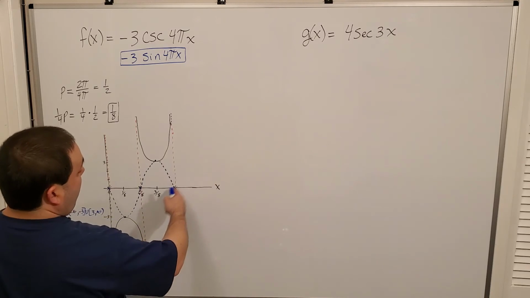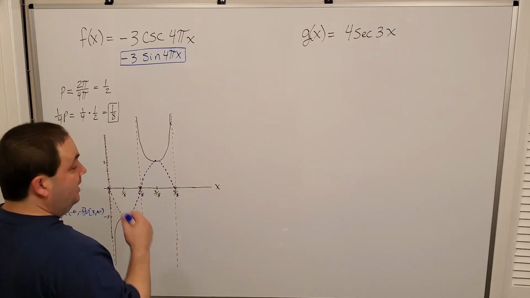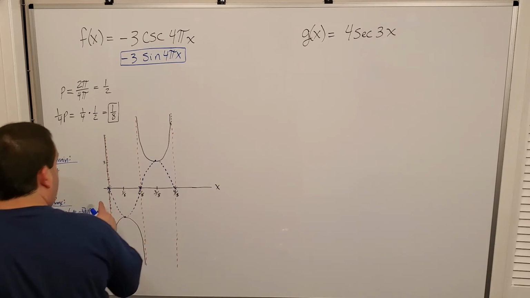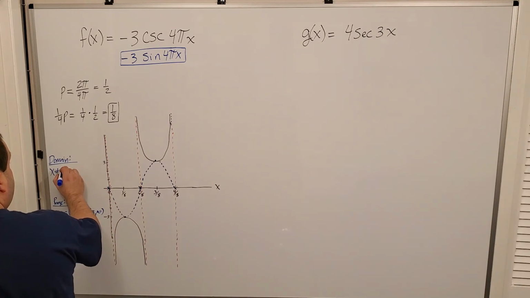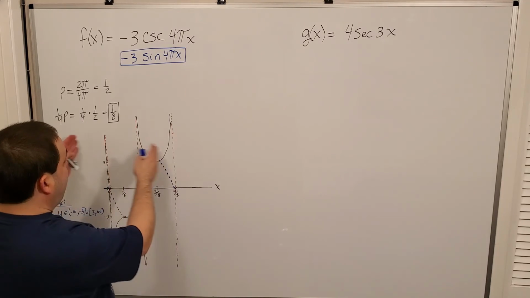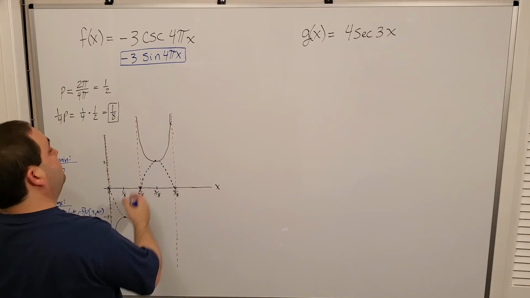And then what do you think the next one after that would be? Well, let's think about this for a second. Start with the easy one, 0. Is this a true statement? X cannot be 0. Yes, that is true. Then, what is the distance between one asymptote to the next?